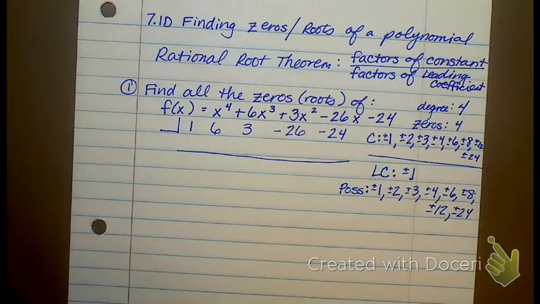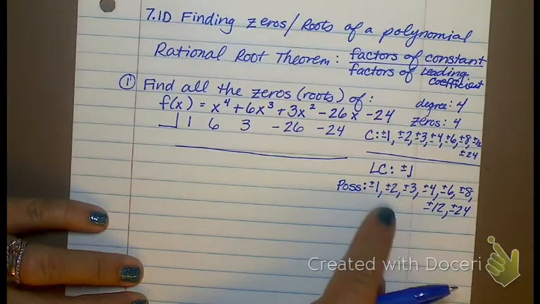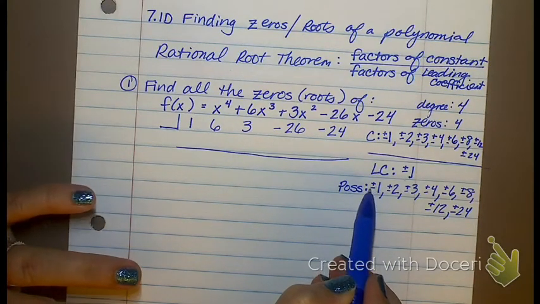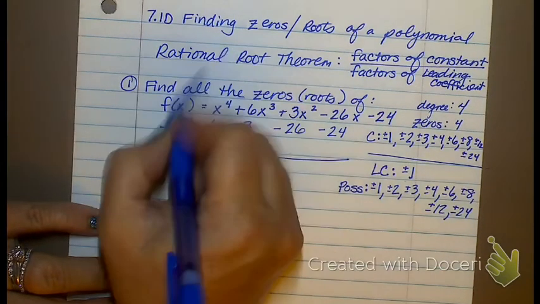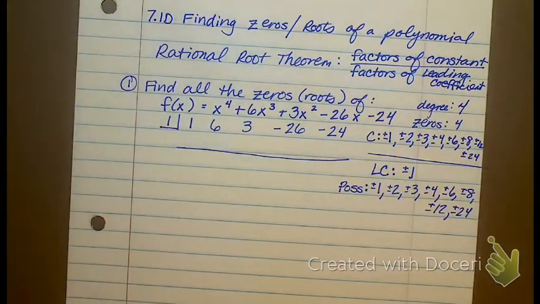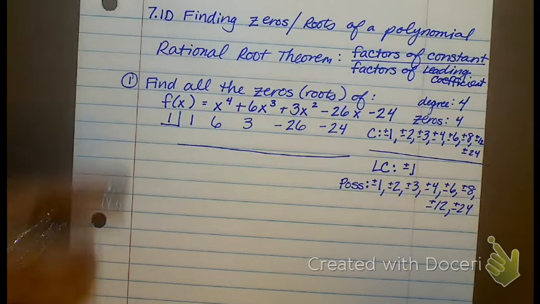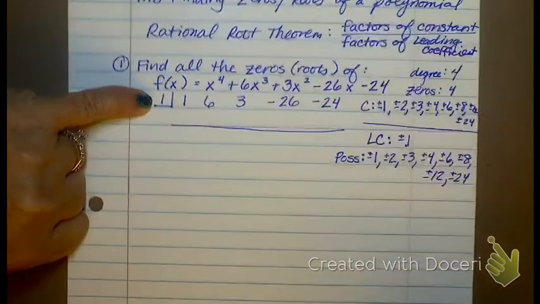But instead of just guessing numbers 1, 2, 3, 4, 5, 6, 7, 8, 9, 10, and working through there, this shows me where I should start. Now, obviously, 1 is on this list, so maybe that's a good place to start. So let's start with 1 and see if we get that remainder of 0.